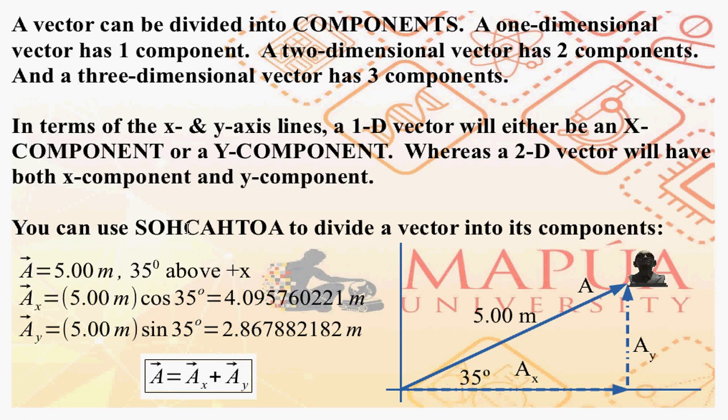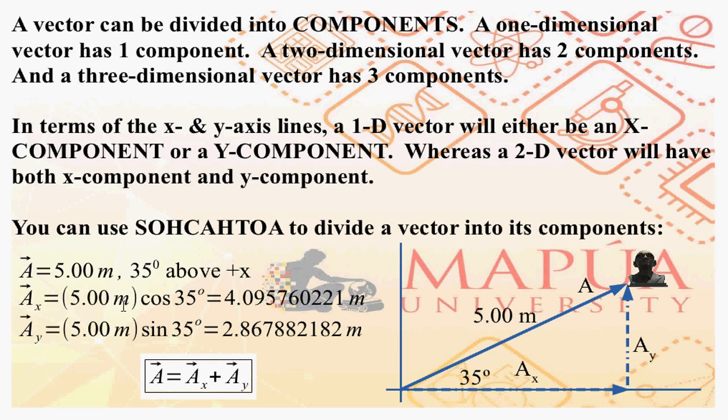So if we apply SOHCAHTOA, say cosine of 35 is equal to adjacent divided by the hypotenuse. The horizontal side of the triangle is the x component, the vertical side is the y component. So the adjacent side to 35 degrees is the x component, ax. So cosine 35 is equal to ax divided by the hypotenuse, 5 meters.